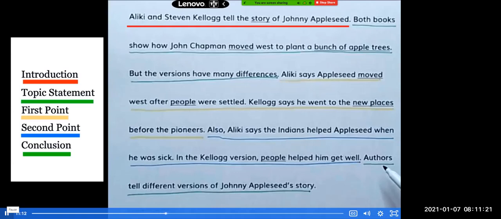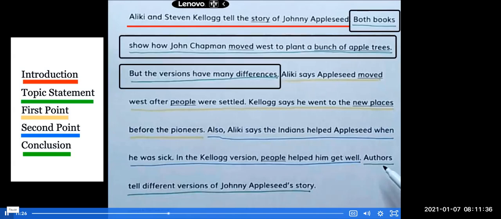So let's take a look at this paragraph to see what type of evidence we would need to gather from both versions of John Henry. First, let's take a look at the topic statement closely. The topic statement says, both books show how John Chapman moved west to plant a bunch of apple trees, but the versions have many differences.